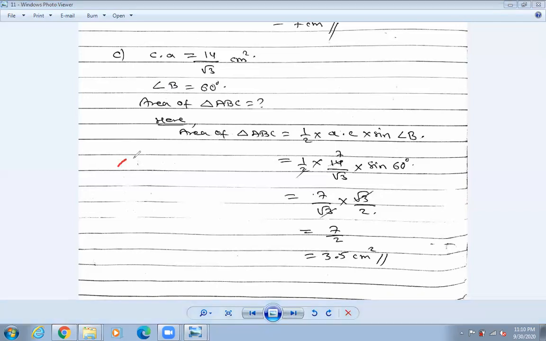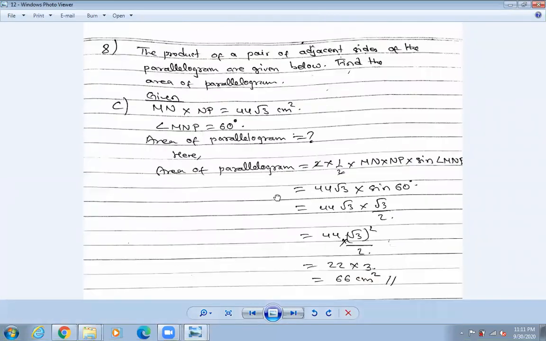If A and C are there, then the angle should be angle B, but it should be capital. If A and B are there, then what is not there? C is not there. We should write sin capital C. C is the angle over here. So remember the formula. Hope you have understood this number also.